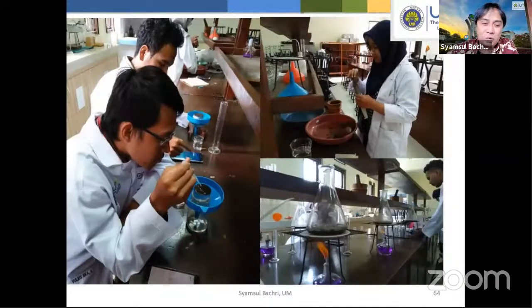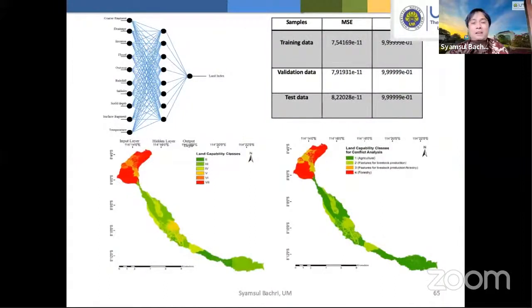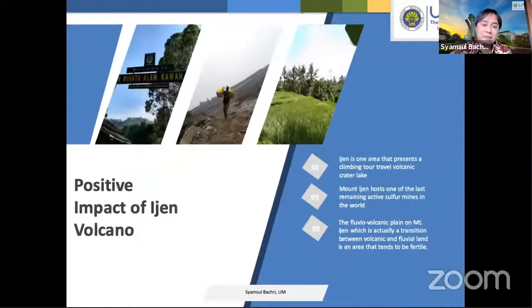So this is what I did with my team to apply this model. And another analysis was performed using geographic information systems for all the data analysis.